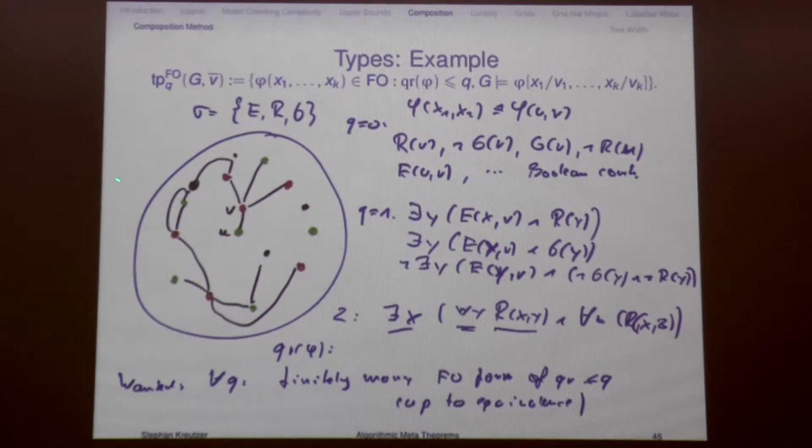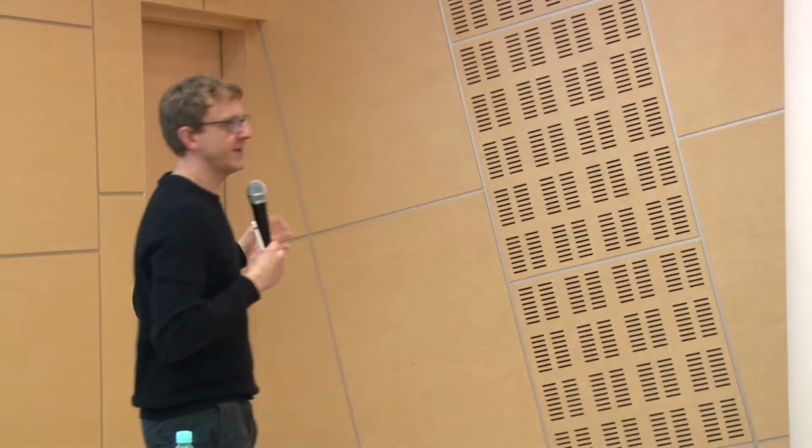And again, you can show that if these two vertices satisfy the same type, then u and v are indistinguishable by first-order formulas of quantifier rank at most one. And this is the essential property of a type. If you look at a q-type, and you have a tuple that has this type, any other tuple that has the same type cannot be distinguished by formulas of this quantifier rank. And so they're basically equivalent up to every formula we will look at.